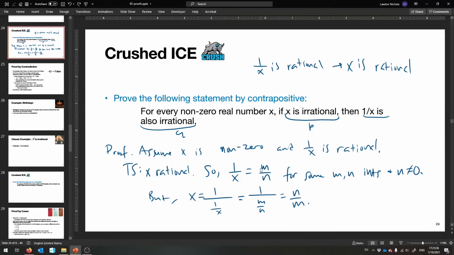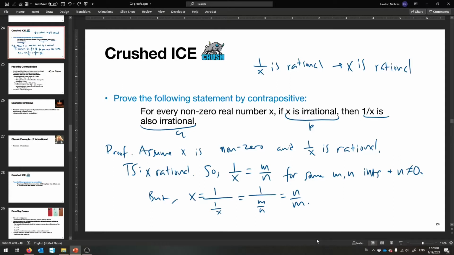And that's actually not too bad because we assume that x was non-zero to begin with. So if x was non-zero, that means that 1 over x was non-zero, okay? And therefore, m over n was non-zero, which means that m on top, the only way to make a zero rational number is for m to be 0. M's not 0.